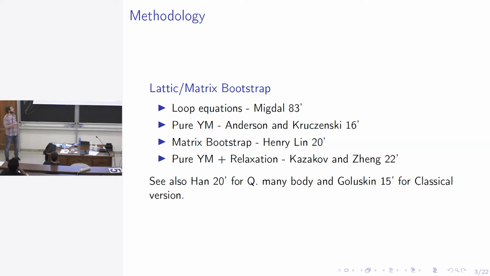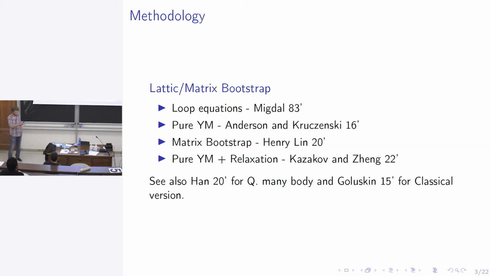And then in 2022, Kazakov and Zheng took Anderson and Kurczynski's work and using a technique of relaxation made it more feasible. So Anderson and Kurczynski had some nonlinear constraints. Some of the constraints were nonlinear, and using relaxation, Kazakov and Zheng made the constraints linear and hence made the numerics tractable. So this is a very short introduction to what comes before our paper.